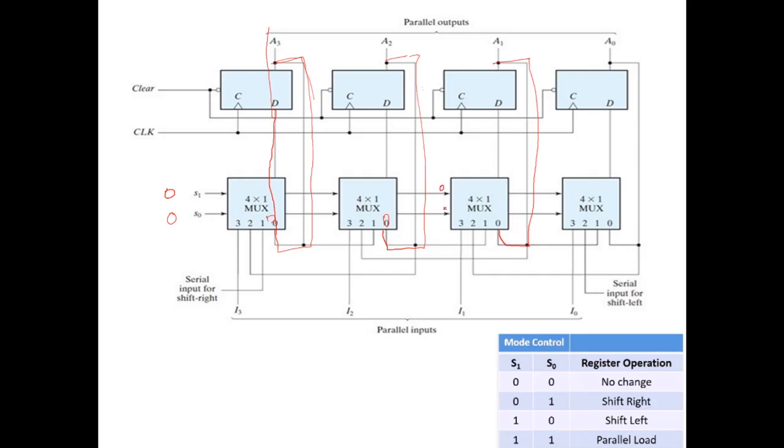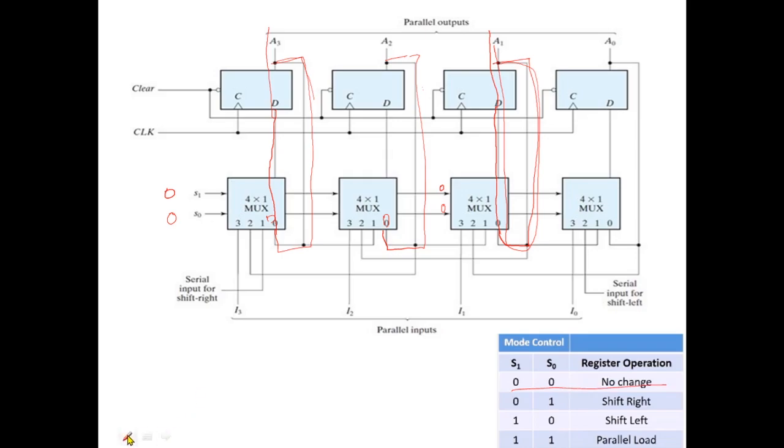When it is 00, the multiplexer output is D0, which goes to the input of the D flip-flop, so the output is the same as the previous output.